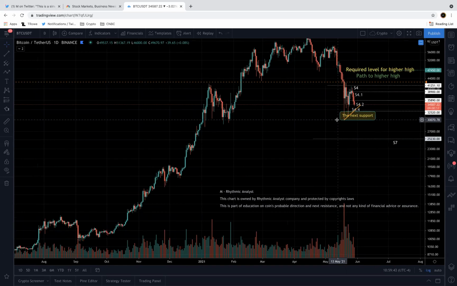Breaking below 30k is not good, but this is my lowest level. And as I said, it doesn't make sense to just keep watching it fall all the way here. This level I gave, so in case it comes down, there is a point of re-entry. You can re-enter only if you have cash.